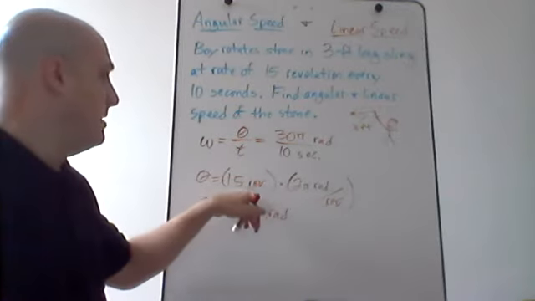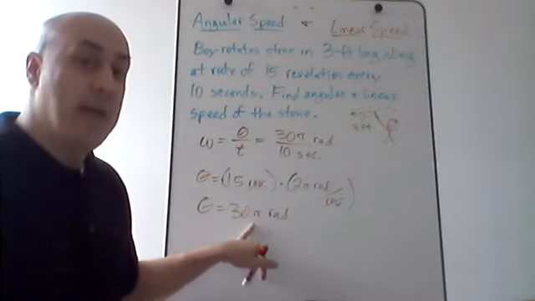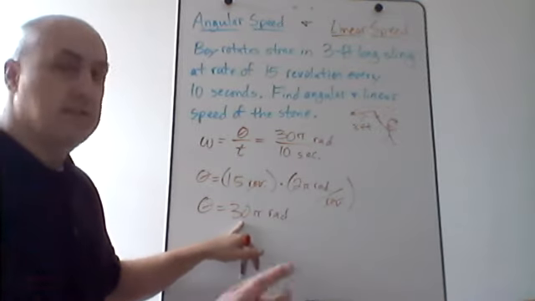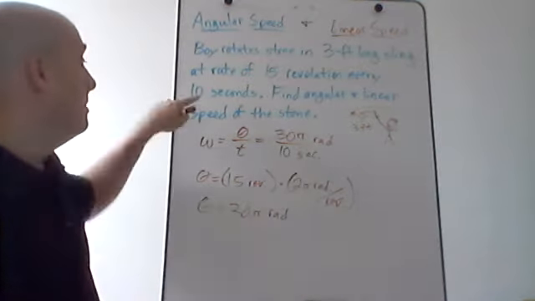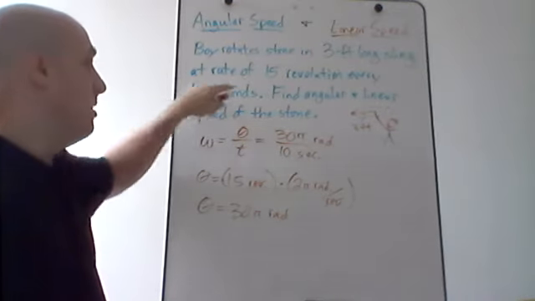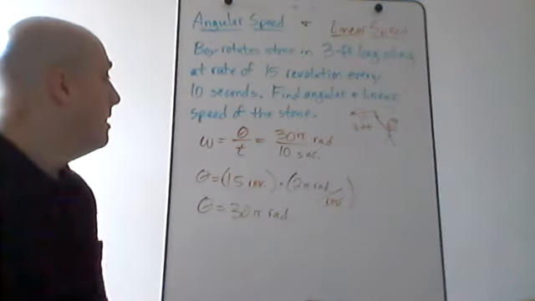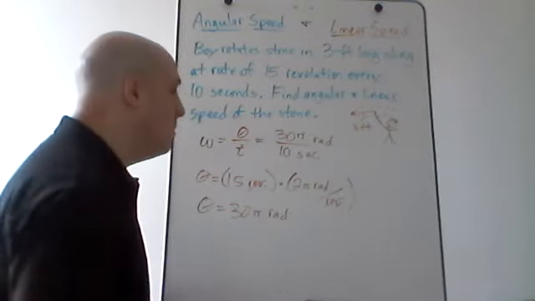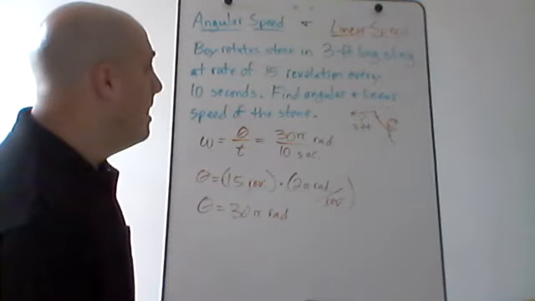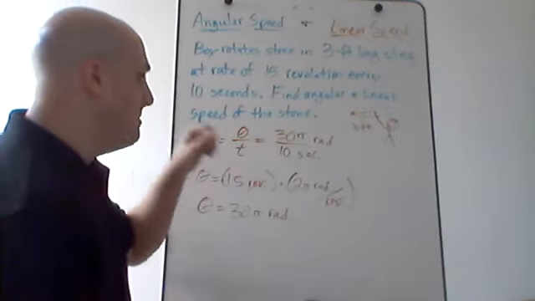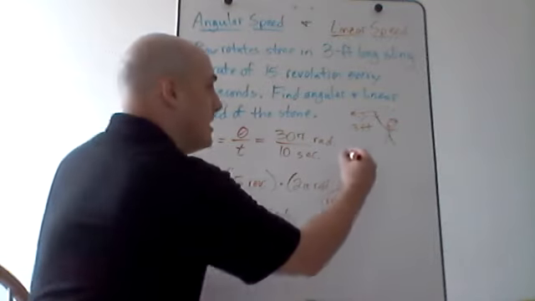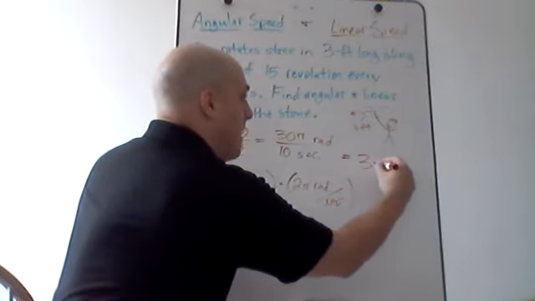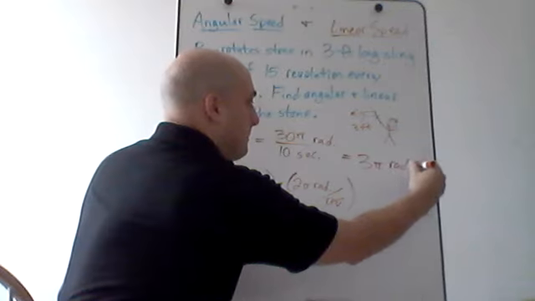So 2 pi times 15 gives my angle measure of 30 pi, and he goes through that angle every 10 seconds, because that's how long it takes to do those 15 revolutions. So 30 pi over 10 radians per second, and 30 divided by 10 is 3, so this is 3 pi radians per second.